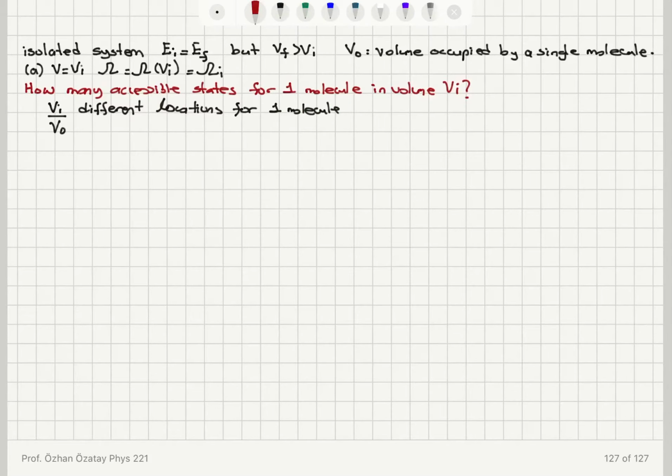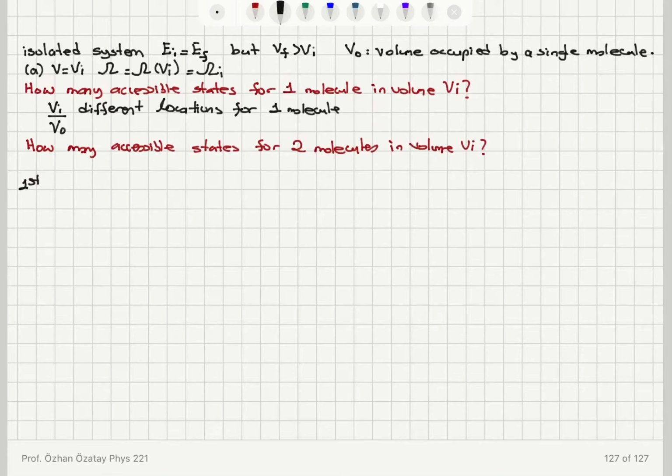Now I ask a similar question. How many accessible states do we have? How many accessible states for two molecules in volume V initial?